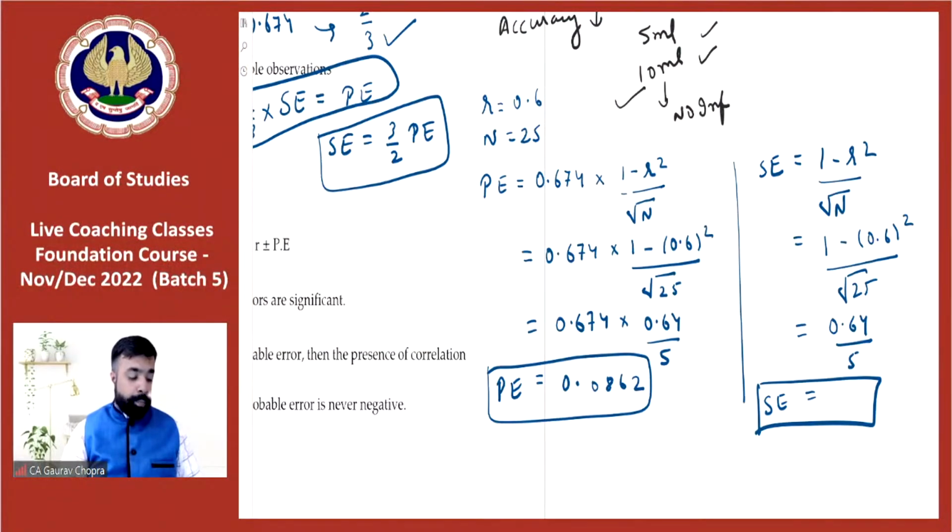Great. So the standard error will be 0.128. Yes. So this is standard error. In this manner, we can easily calculate. All right.